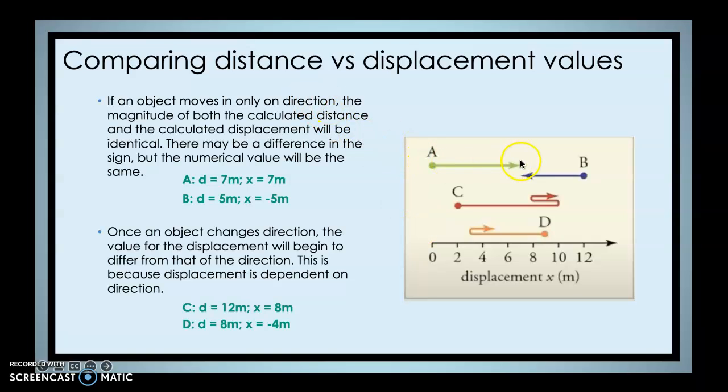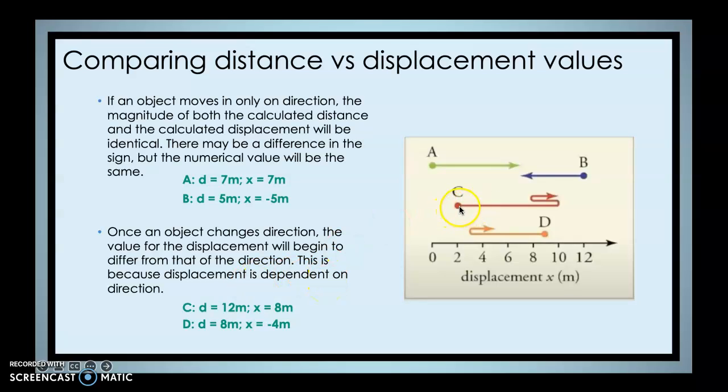So when you're moving in one direction and one direction only, your distance and your displacement will be the same numerical value. If you move in multiple directions, if you move to the right, to the left, to the right, so you're going back and forth, then you will find that every single time your displacement will be smaller than the total distance that you traveled.